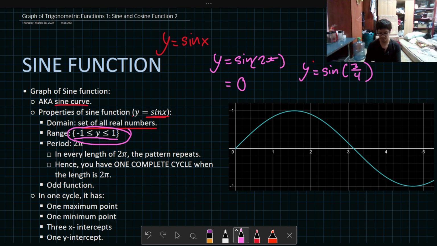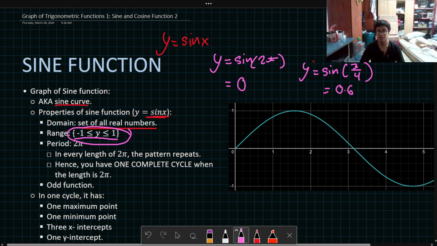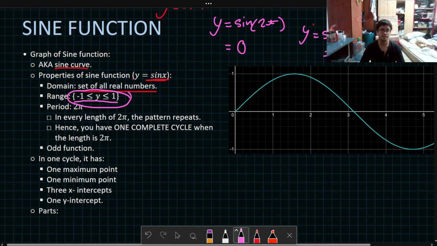Finally. Sine 3/4 is approximately, at two decimal places, 0.68. Let's say we take sine of 100 radians.